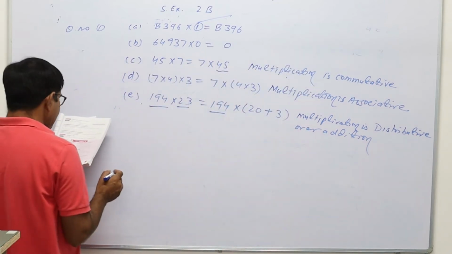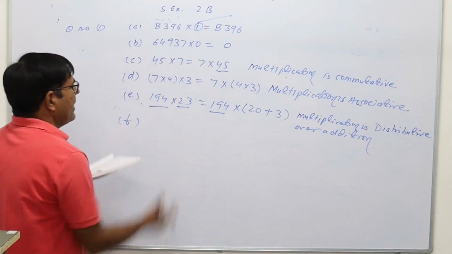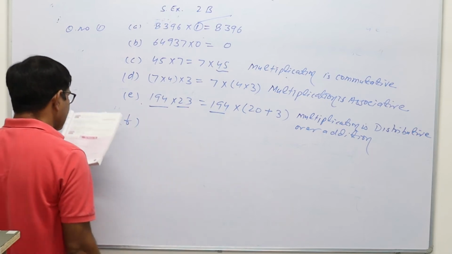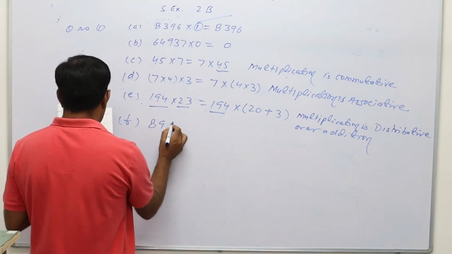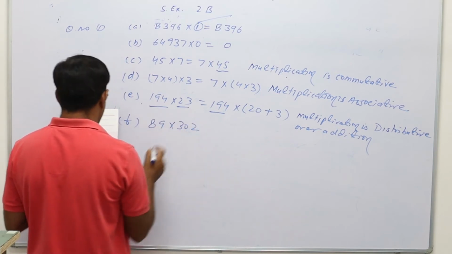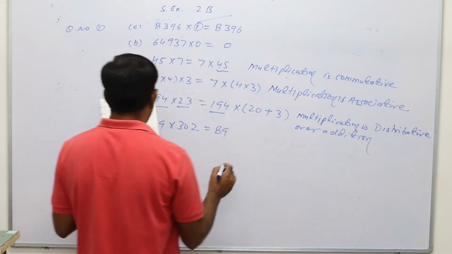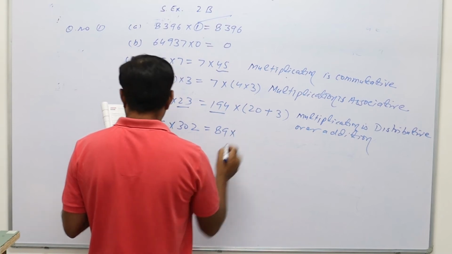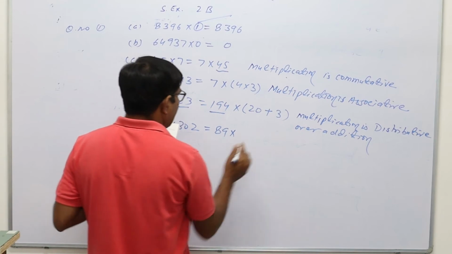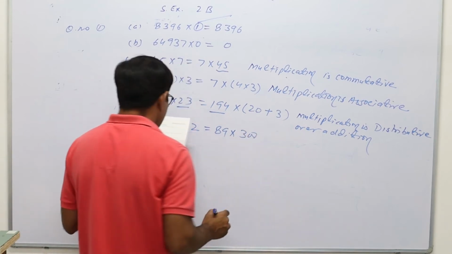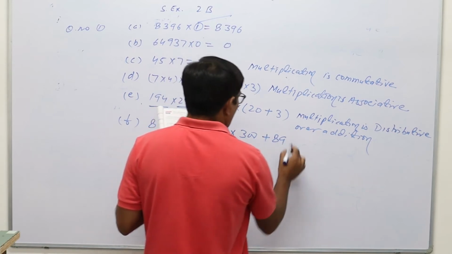Then next one is F. Here also we have to fill the blanks. You can find the product also using the property. So next is F. 89 into 302 is equal to 89 into 300 plus 89 into 2.